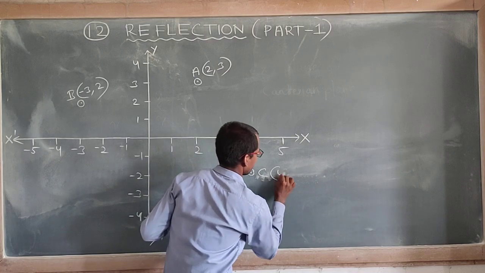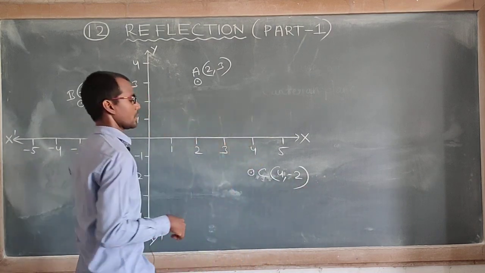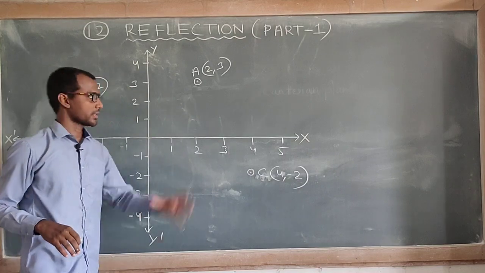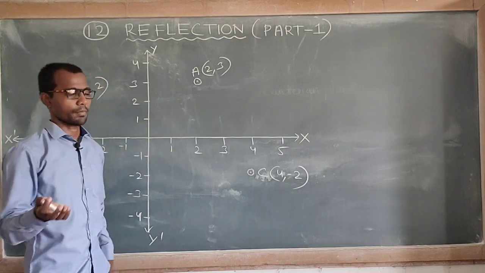Suppose this is C, (4, -2). So in this way, points are plotted on the graph. Imagine that this is the graph paper. Okay, I don't have graph paper, I am using the board.